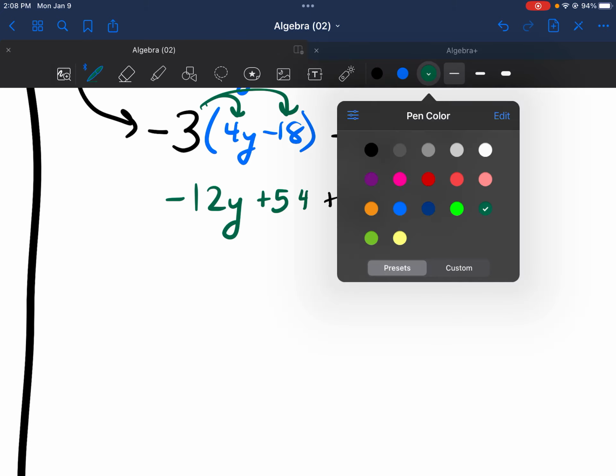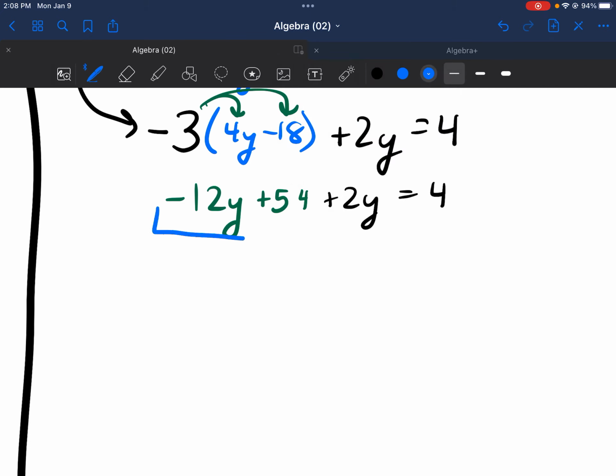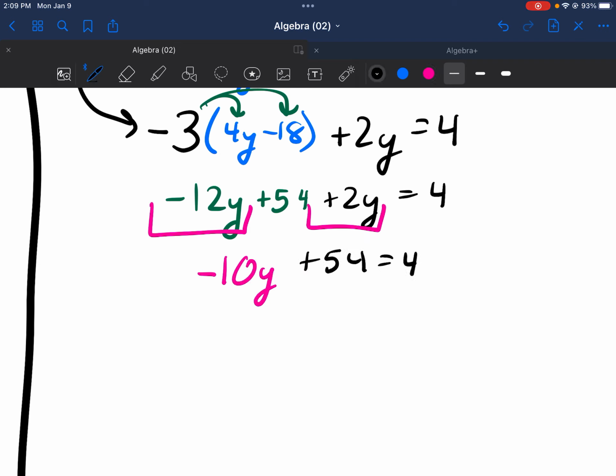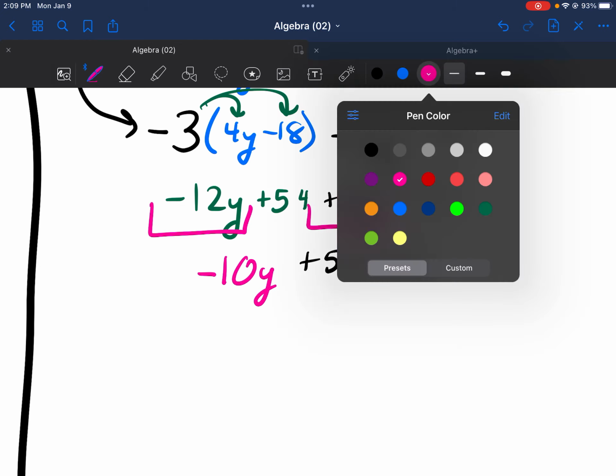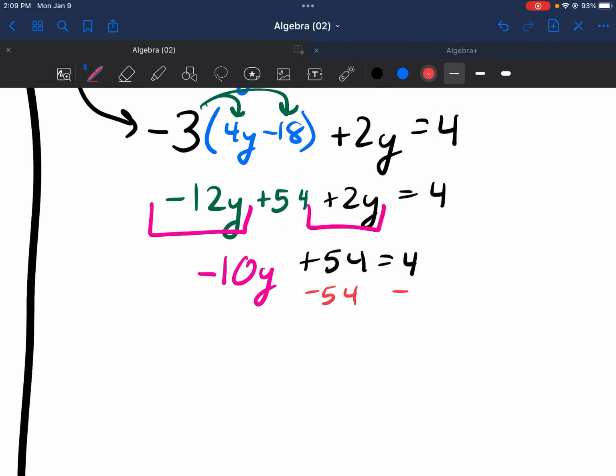But I still need to combine like terms. So -12y and positive 2y gives me a -10y. Bring everything down. I'm going to subtract 54 on both sides, right, so I can, again, isolate my variable y. So I get -10y equals -50.